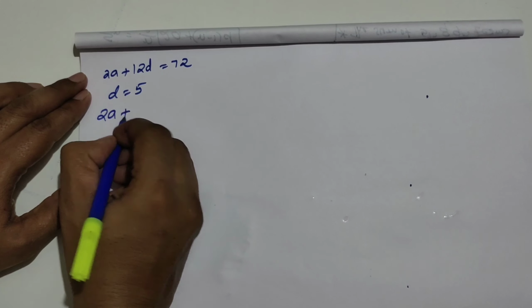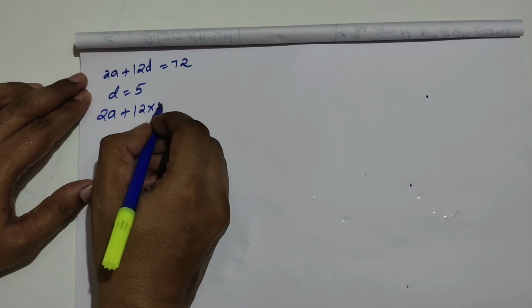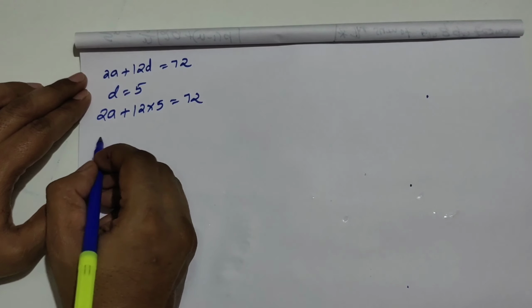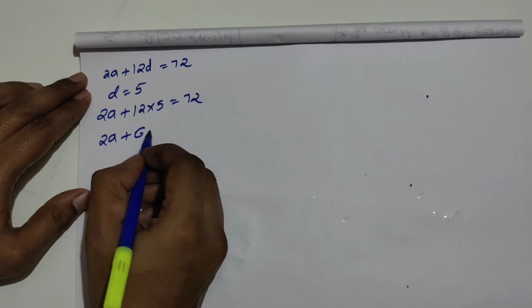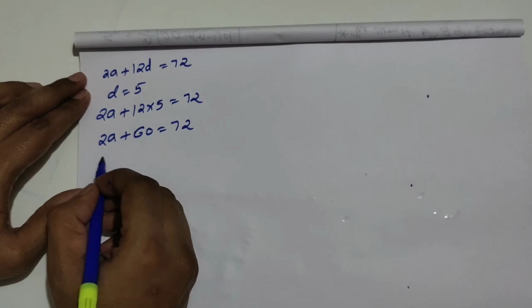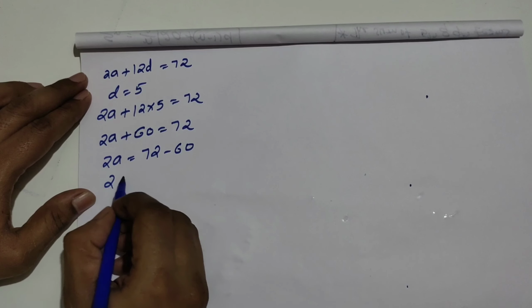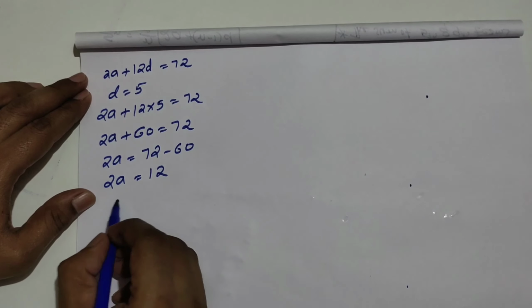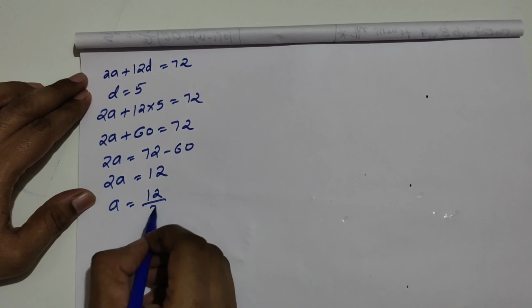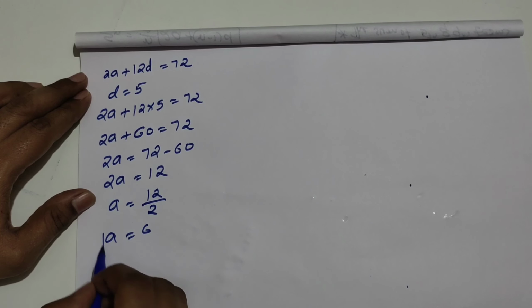Substitute there: 12 into 5. 2a plus 60 is equal to 72. 2a is equal to 72 minus 60. 2a is equal to 12. Then a is equal to 12 by 2. Then a is equal to 6.